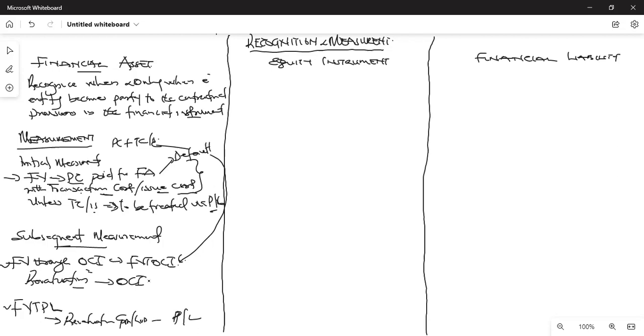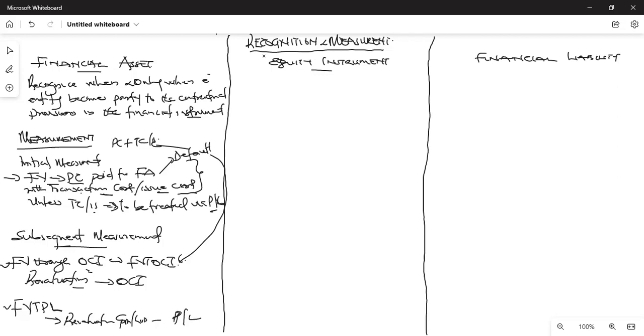Now let's go ahead and look at equity instruments. For all financial assets, the moment you become party to the contract, you have to recognize the financial instrument, and this cuts across.